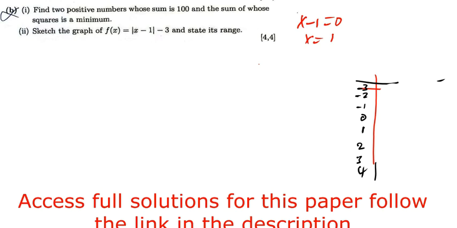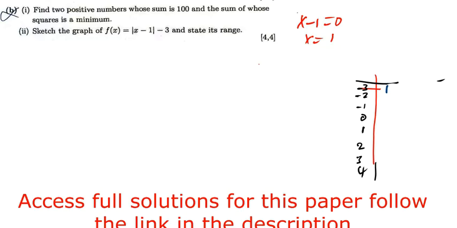So now I can start plugging in the values. If I plug in -3, it's going to be -3 minus 1 minus 3, which is -4 minus 3. The modulus of -4 is 4, so 4 minus 3 is 1. If I put -2, it's -2 minus 1, that is -3. The modulus of -3 is 3, and 3 minus 3 is 0.